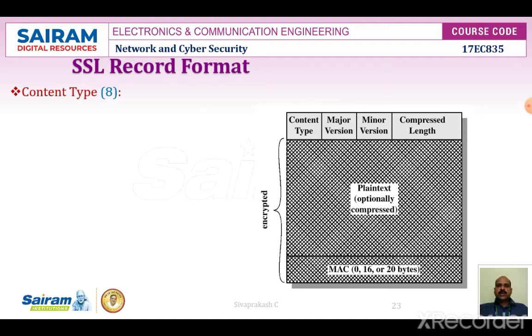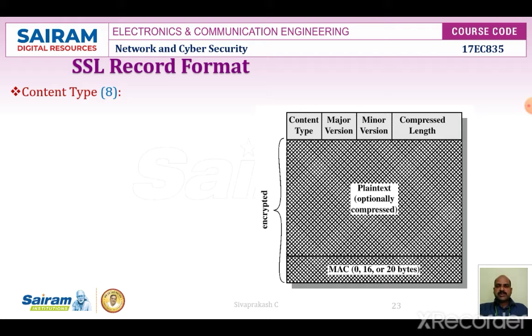Next is the compression, which is an optional step. Before adding the MAC data, we compress the data; compression must be lossless and may not increase the content length by more than 1024 bytes. In SSL version 3 as well as the current version of TLS, no compression algorithm is specified, so the compression algorithm may be null.